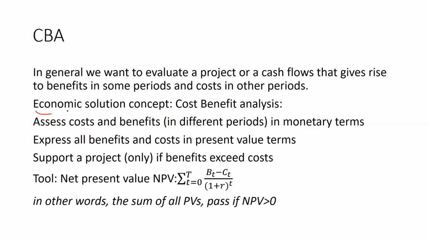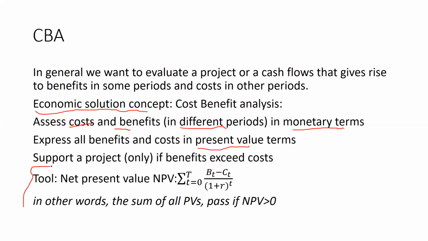So our solution concept here is cost-benefit analysis. What we have to do is assess all the costs and all the benefits in different periods in dollar terms, typically in present terms. A project passes cost-benefit analysis only if in present value terms, the benefits exceed costs.